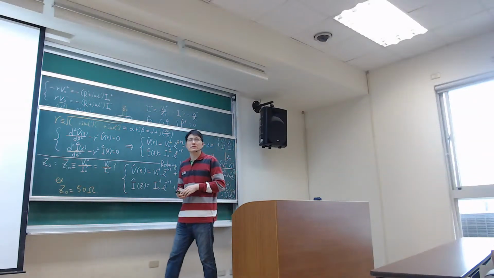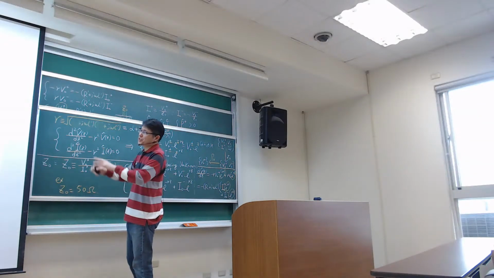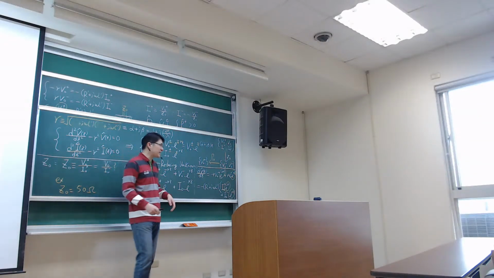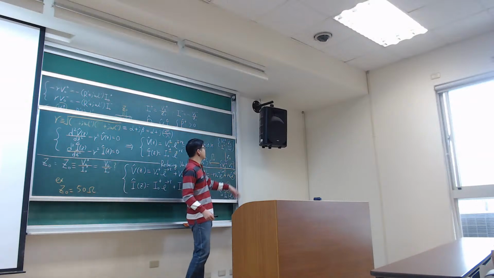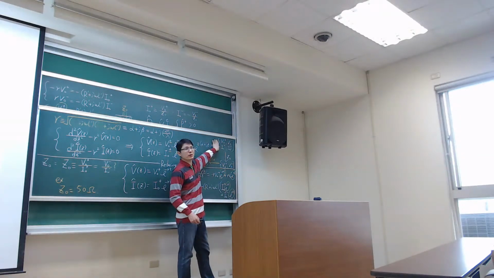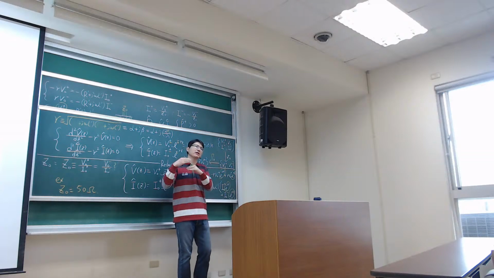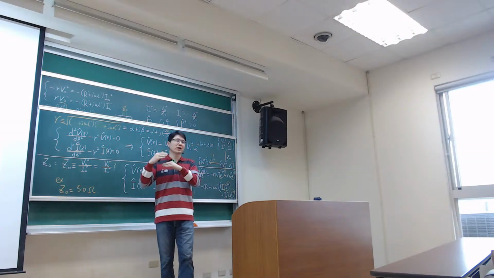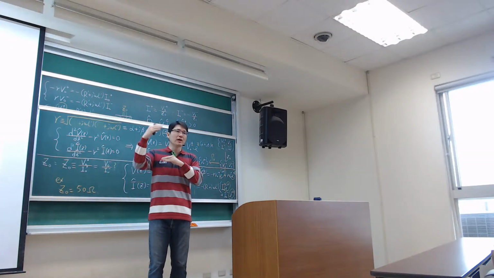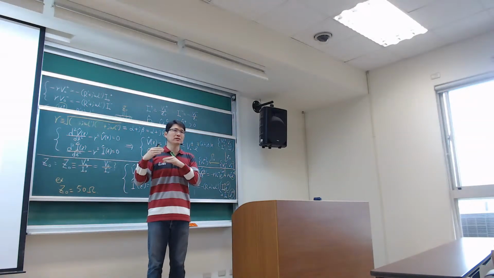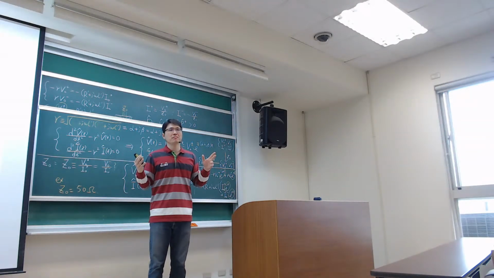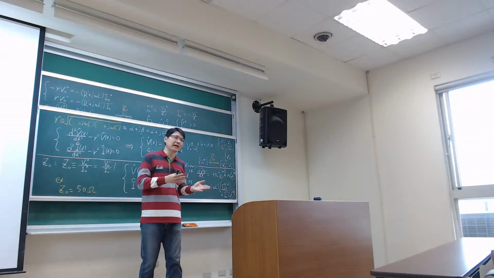So think about it. We started today from KVL, KCL, writing down a lot of equations. Eventually we had 4 unknowns. But then we found out the transmission line has this beautiful characteristic: voltage divided by current for a certain propagation direction is a constant, maybe positive, maybe negative.